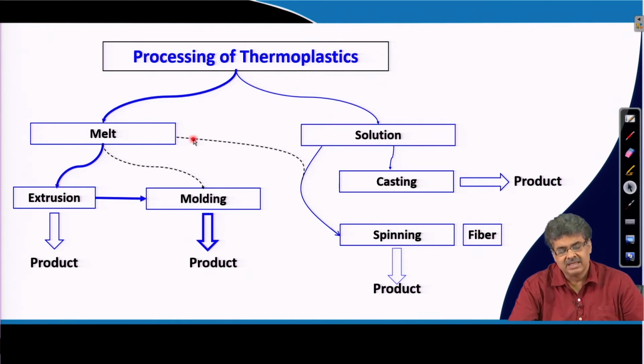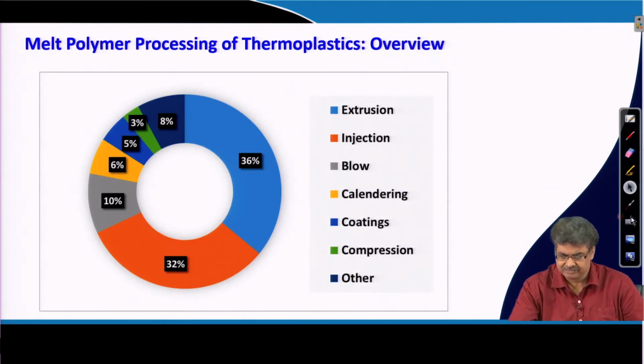Sometimes this spinning can be done with the molten polymer as well, but the weightage of that process is much lower. So, we will mainly discuss the extrusion process and various types of molding process, because those are the most important or most abundant polymer processing steps done for synthesizing polymer products.